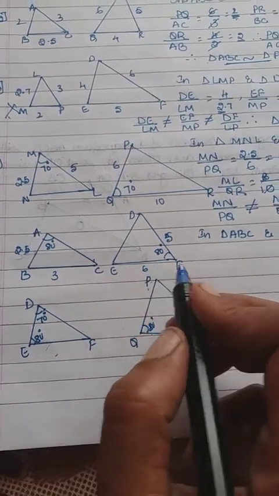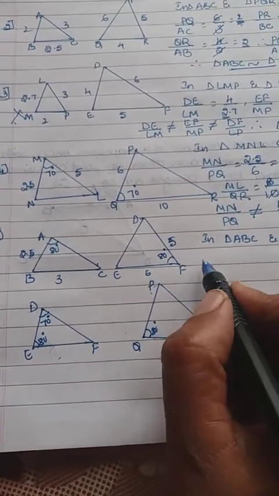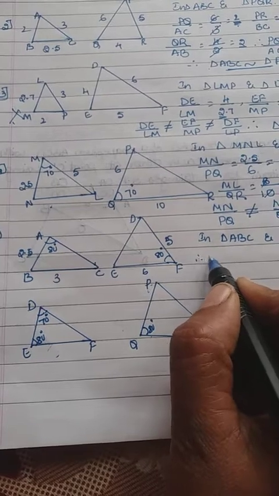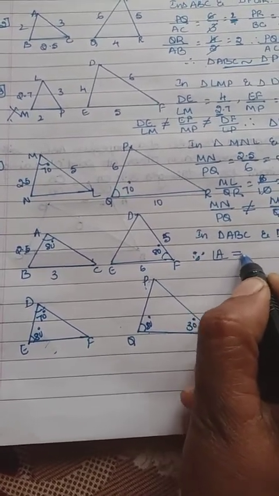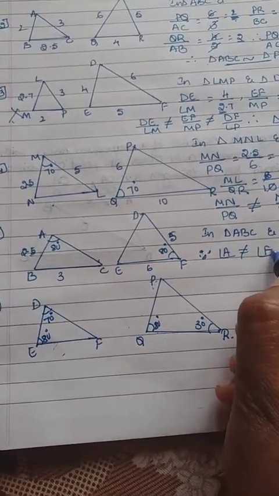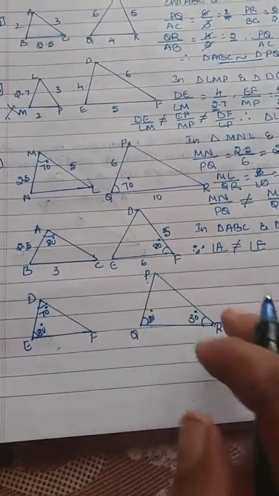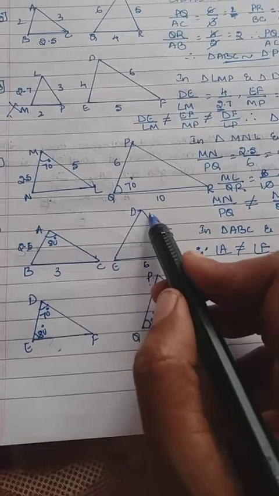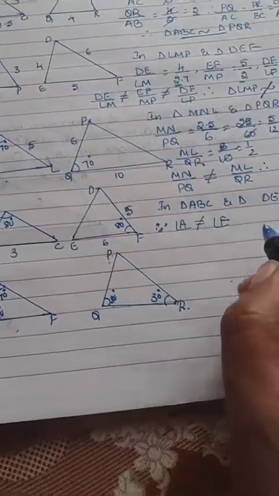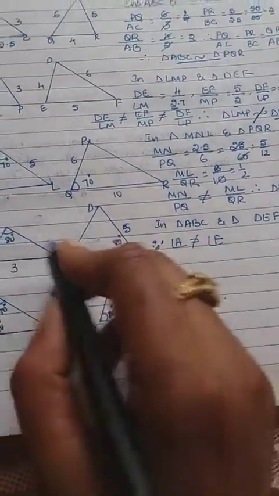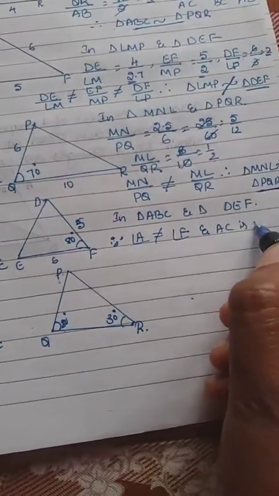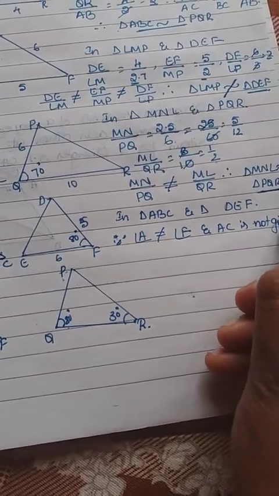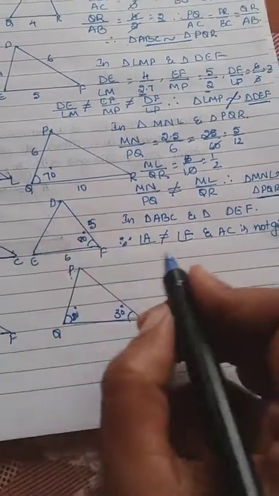So in this we can prove here with angle A, because angle A is not equal to angle F. Angle D also, the sum becomes 180 degrees. So therefore we can say, AC is not given, that measurement has not been given.